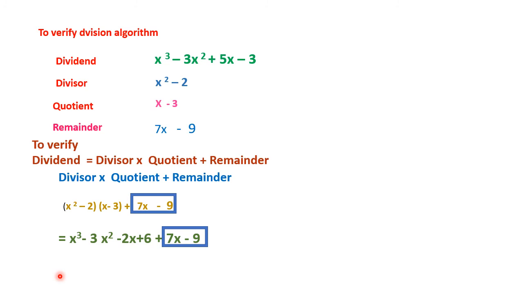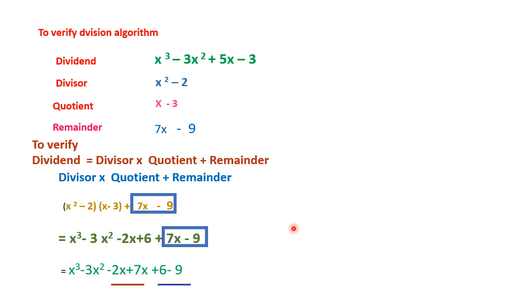Now just group the like terms together. You can see that minus 2x and plus 7x is grouped together, and 6 and 9 are grouped together. Here minus 2x plus 7x is equal to 5x, and 6 minus 9 is minus 3.